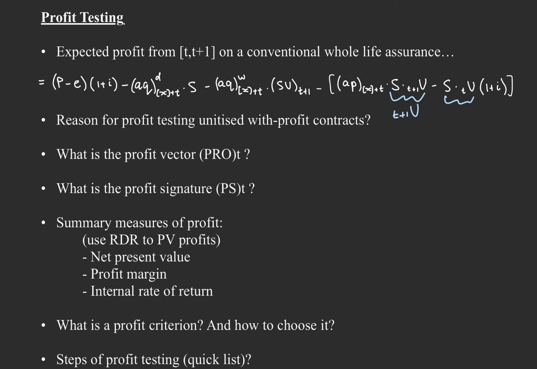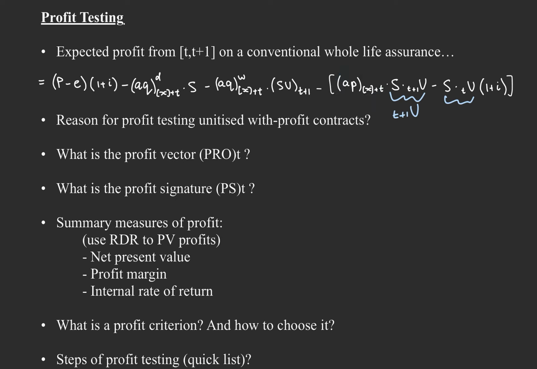And the reason why I multiply it by the dependent probability of a policy still being in force at time T plus 1 is because I only hold reserves for the policies that are still in force. So if a policy is not in force, then I'm not going to hold reserves for that policy anymore. And so I must take into account the probability that a policy will still be in force at time T plus 1.